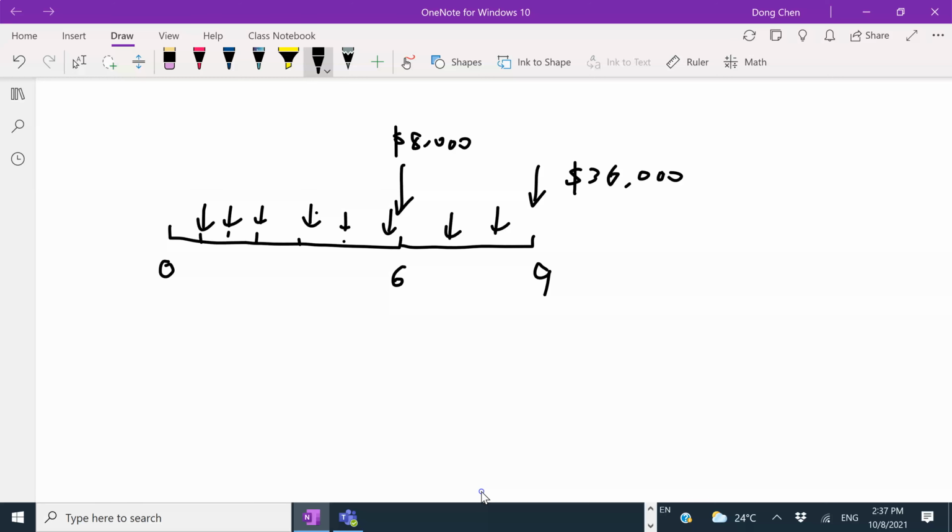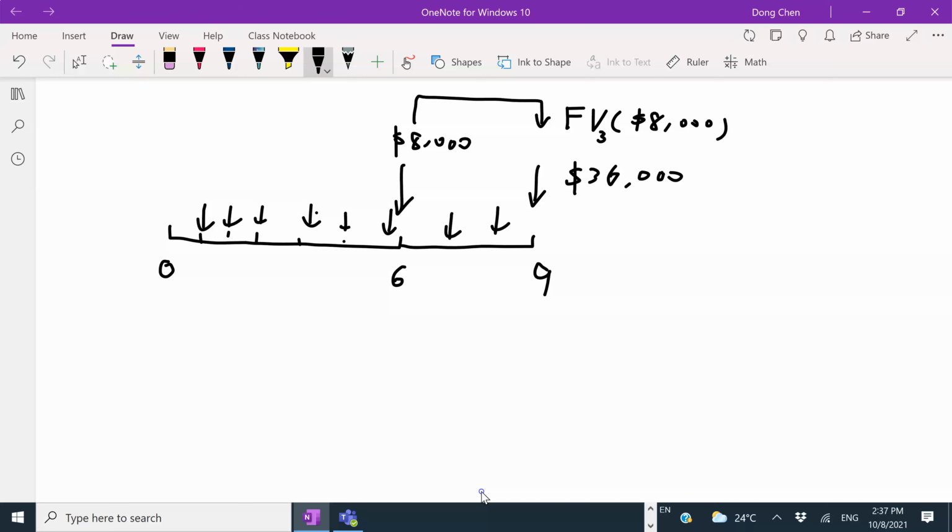And then that will also start to earn money. So between 6 and 9, we have 3 years for the compounding. At the end of the 9th year, the $8,000 will grow to a certain amount. We can calculate this amount based on the future value function, right? $8,000, and this is for only 3 years, remember, because there are only 3 years between 6 and 9.